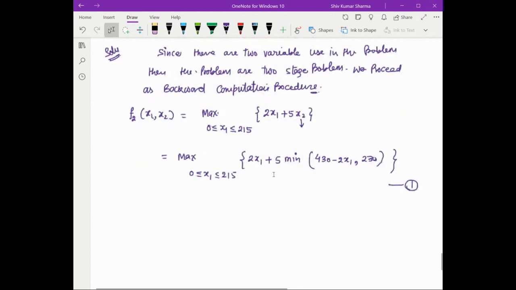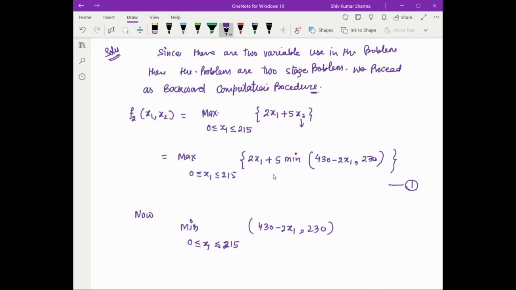Which value do we consider as the minimum value of x2? We take the minimum value at the same value of x1, which lies between 0 to 215, and the function having the values 430 minus 2x1, comma 230. We check which value of the two is minimum when x1 lies between 0 to 215.